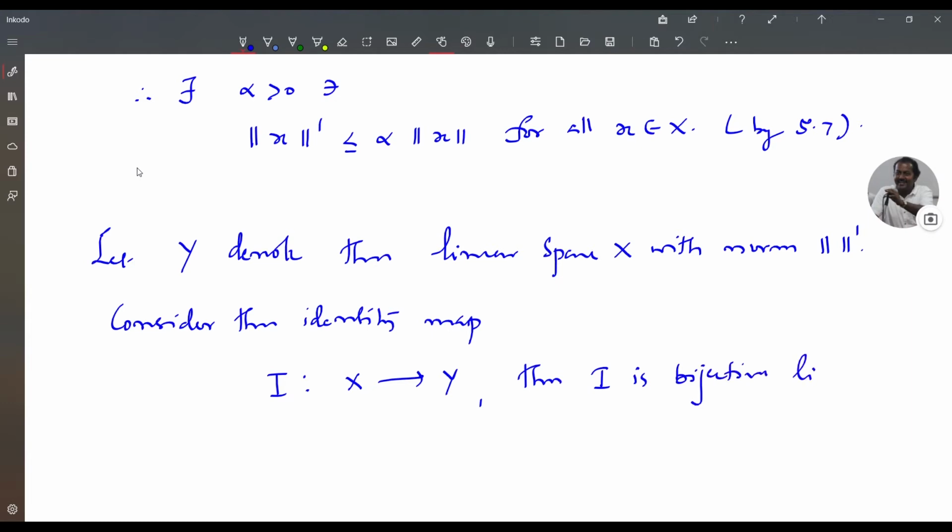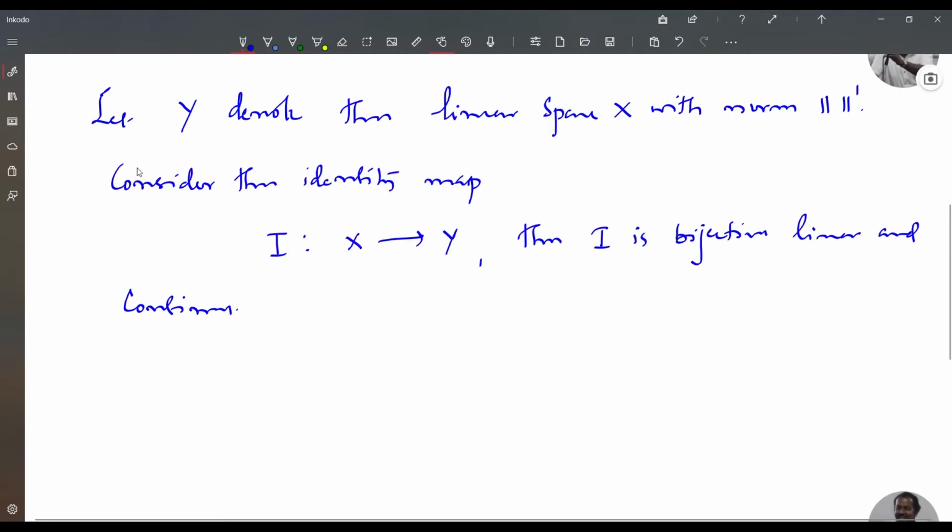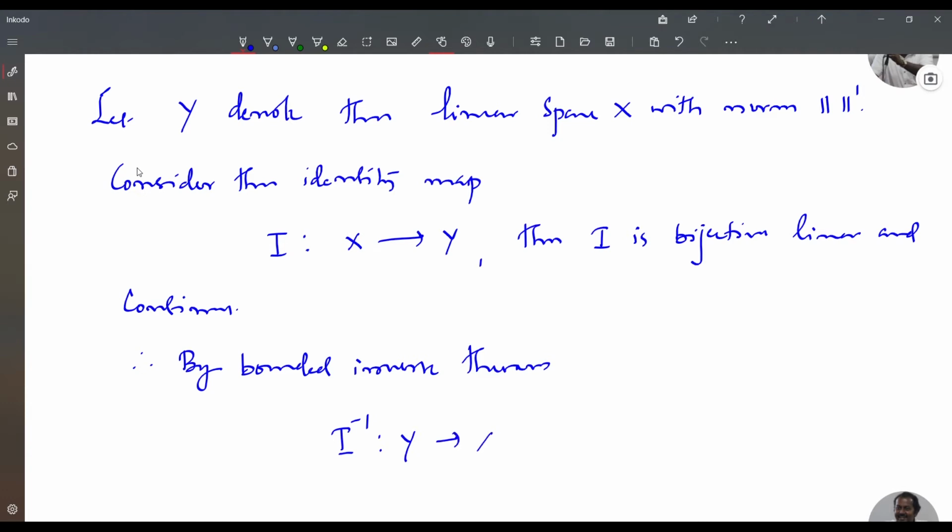Therefore, by the bounded inverse theorem, I inverse from Y to X is also continuous.